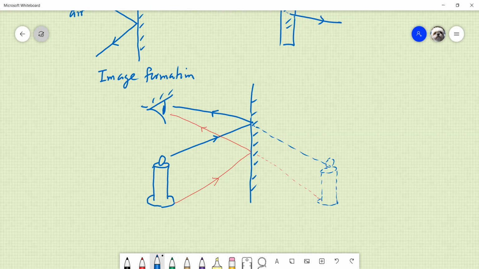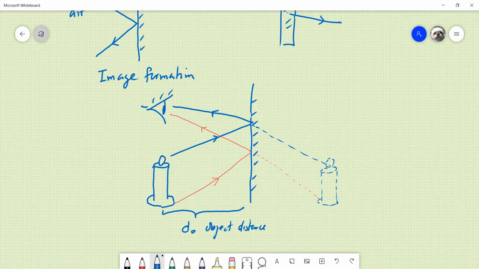Now we're gonna define some terms, right? This we call the object distance, or the distance between the mirror and the object. It's gonna be extended to the lens. If we have a lens here, that will also be called the object distance. Here will be the image distance.